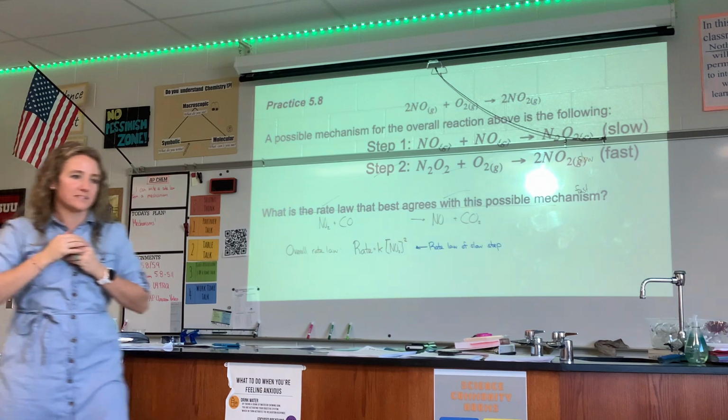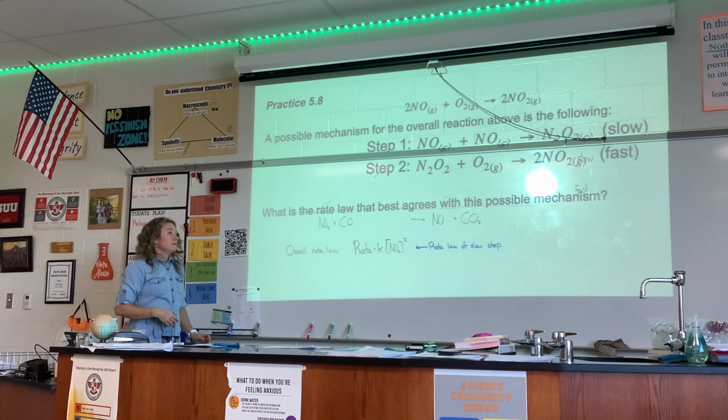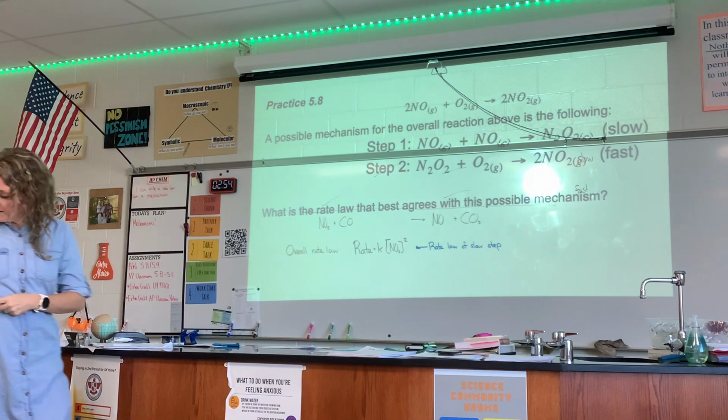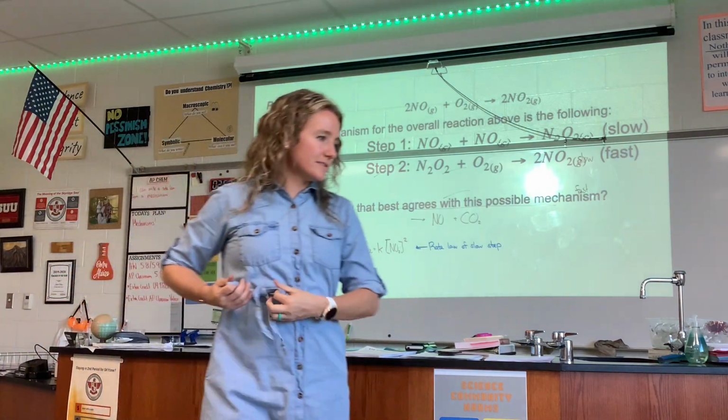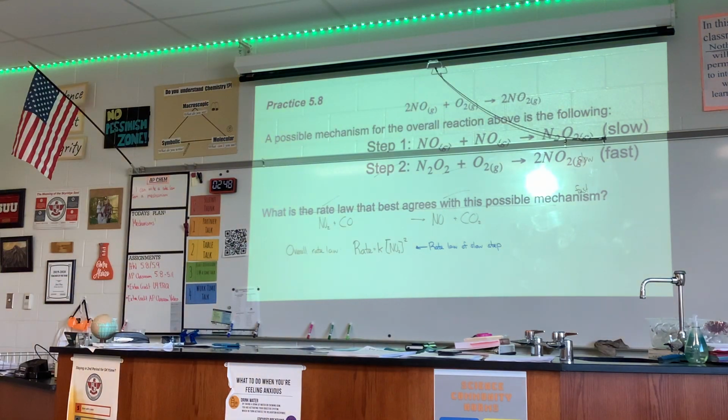I'll come check it off for a smiley face. So write me the overall rate law and compare with your neighbors. If it matches, you're going to have one answer as a table, and I'll check it off.